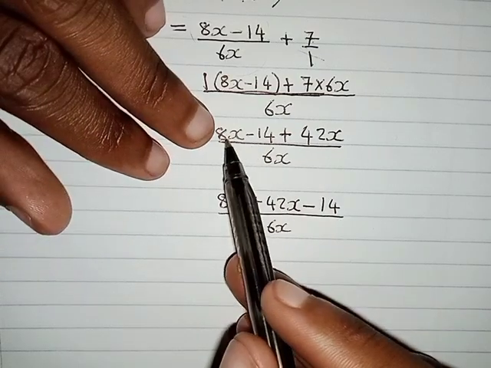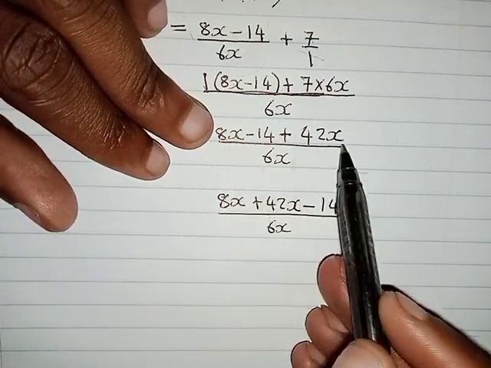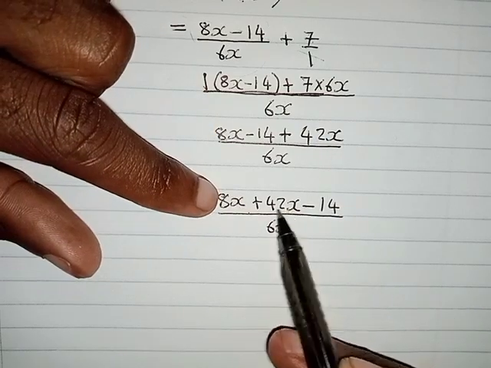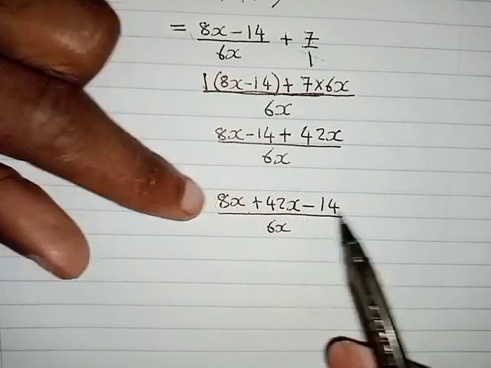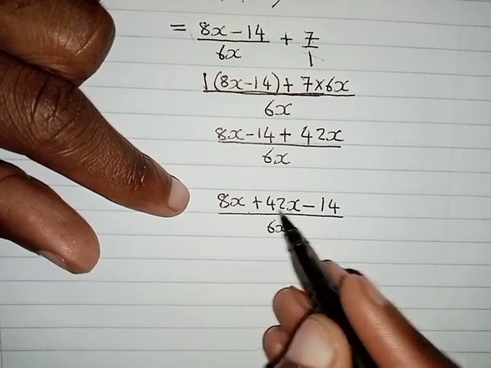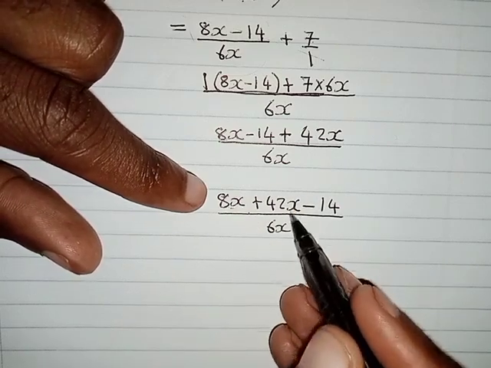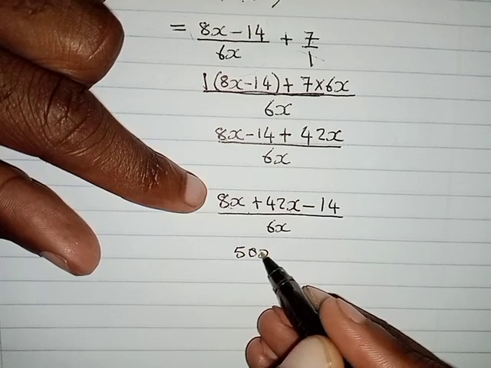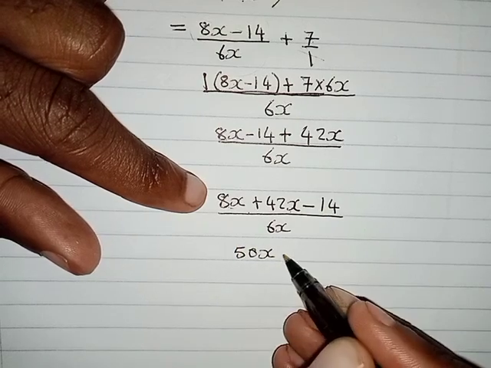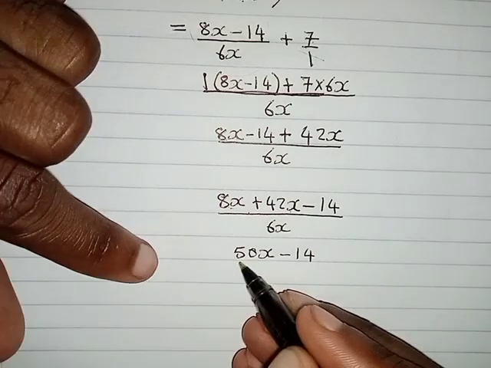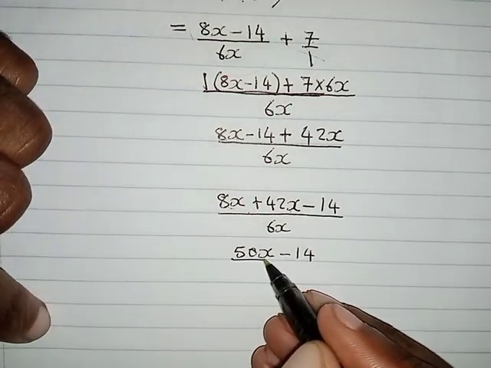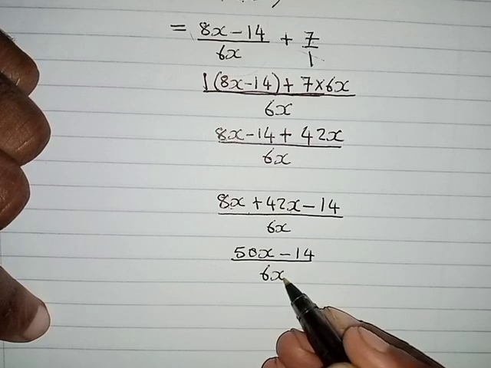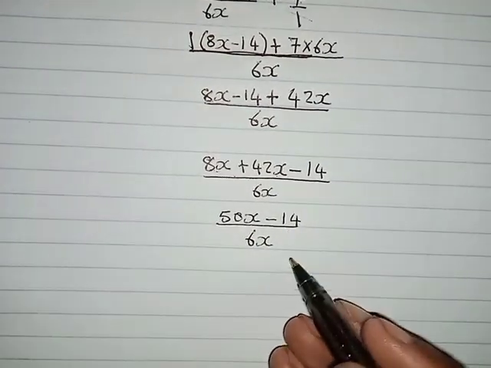Collecting like terms, we get 8x, it has an x, and also this 42x has an x, so we put them together. Both are in the same family because of the x's. Then we add what is on top, so 8x plus 42x, we get 50x. Then we maintain the minus 14. Then everything should be divided by 6x. We simplify this further.